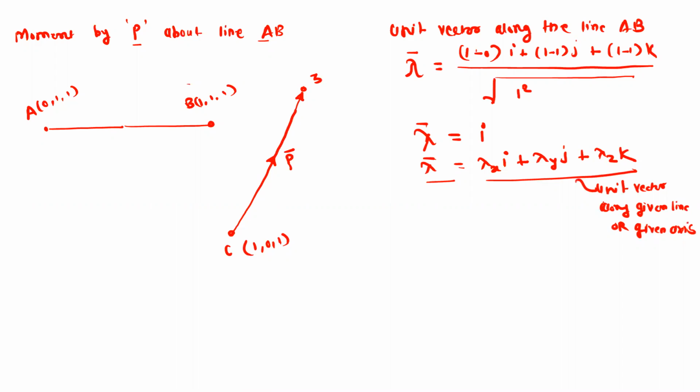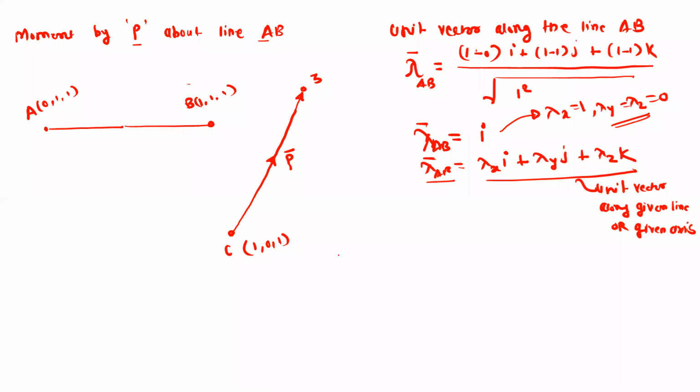Here the line is AB, so this is the unit vector along the line AB. For this unit vector, lambda x is 1, and lambda y and lambda z are 0.